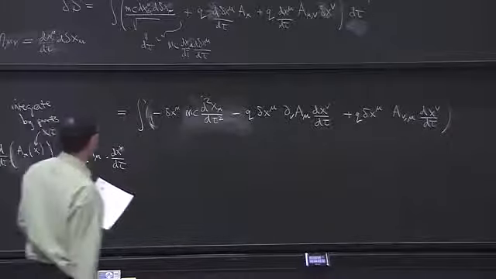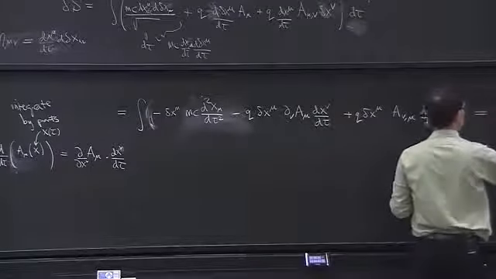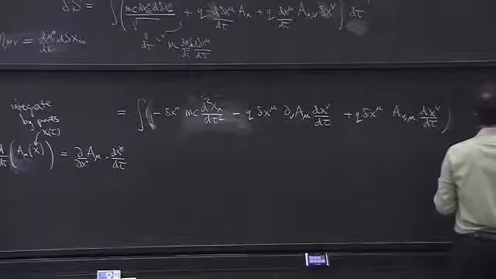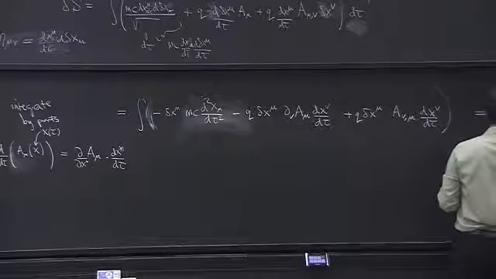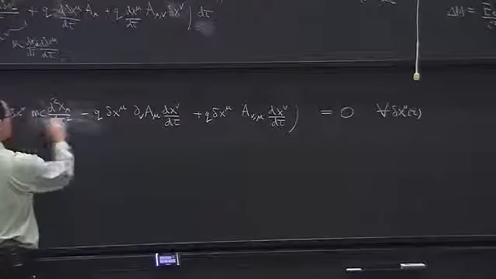So we're going to set this equal to 0 for all delta x^mu of tau. And so this gives us that the coefficient of delta x^mu must be 0.